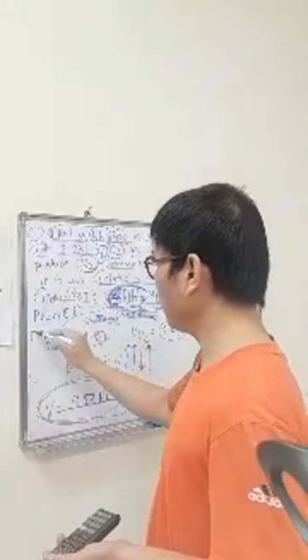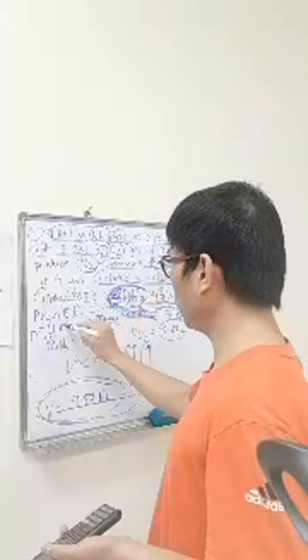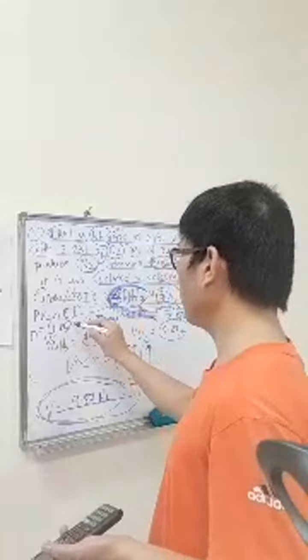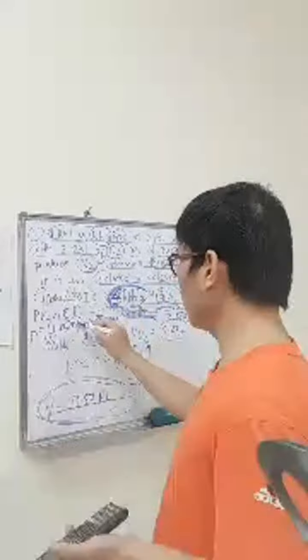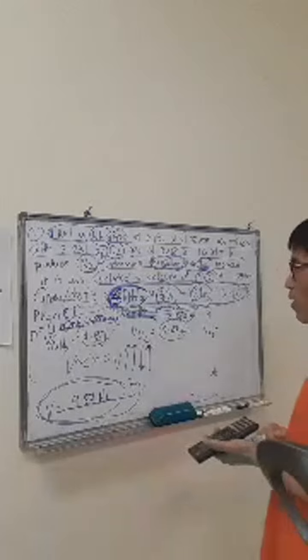Okay, so for pressure, 1.52, and R is 0.0613. We can get its moles, right? Initially, for the nitrogen gas. You get the point?